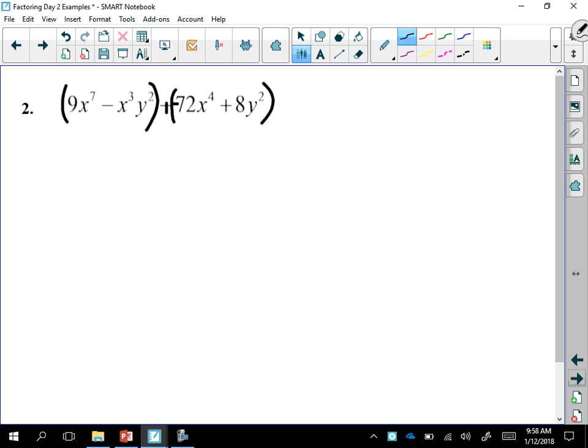So what's the GCF in the first two terms? X cubed. And what would you be left with? And then what would be the GCF here? Negative 8. And what would you be left with?